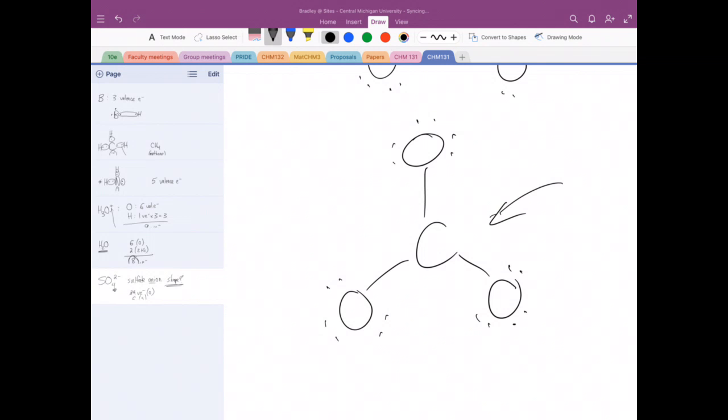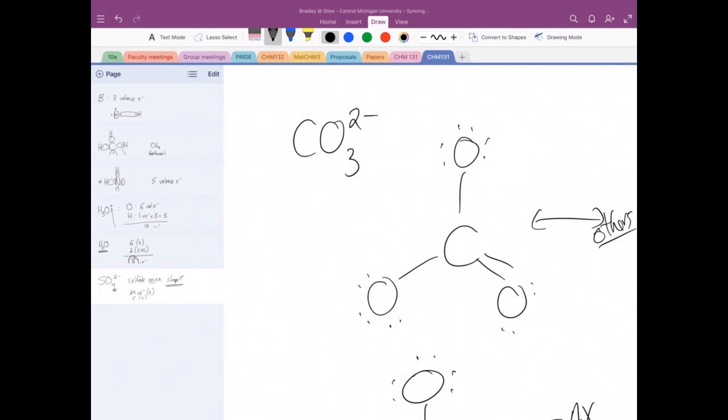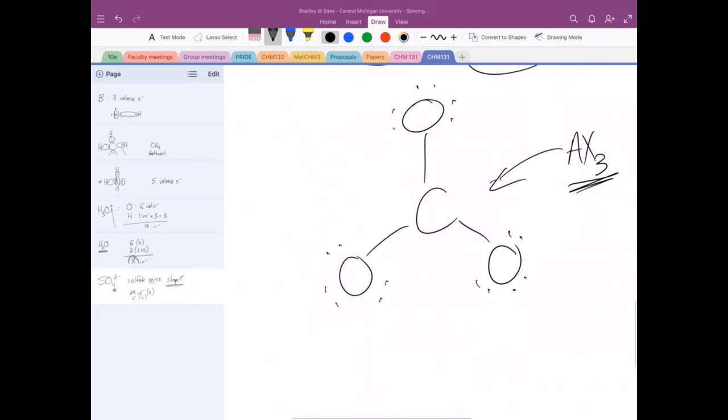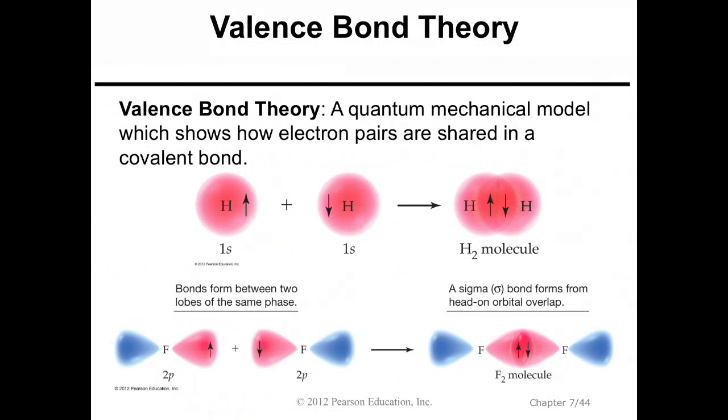I would call it AX3, because there's no lone pairs around the carbon. And this I would also call AX3, because there's no lone pairs around the carbon. So for shape purposes, a double bond counts exactly the same as a single bond. It's just how many other atoms are bonded, and then whether there are lone pairs. All right, so hopefully that brings some clarity to VSEPR.